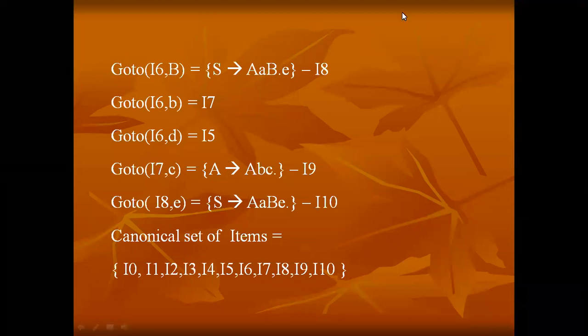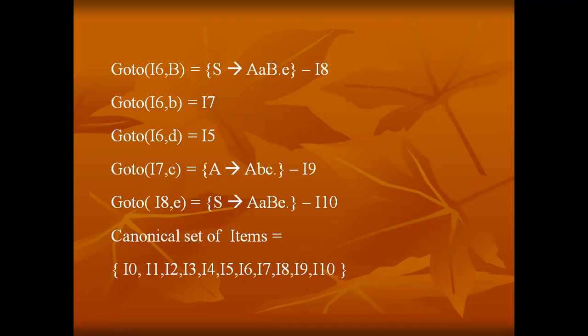In the last class, I explained how to compute the closure of I and goto of I. After computing the goto function, the canonical set of items are I0, I1, I2, I3, I4, I5, I6, I7, I8, I9, I10. That means from I0 to I10, we get the items after computing the goto function from the given grammar. Now we need to find out the first and follow functions for the given grammar.